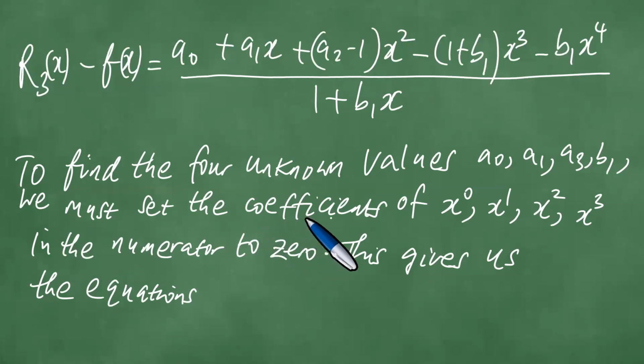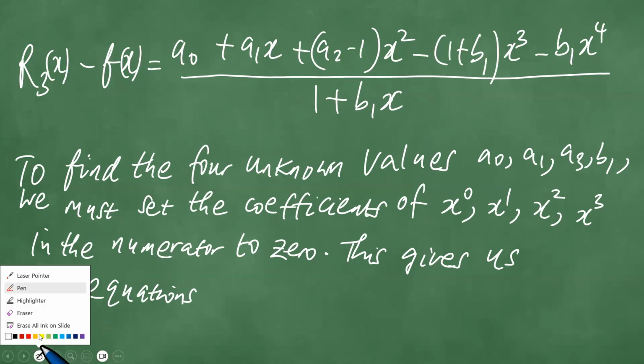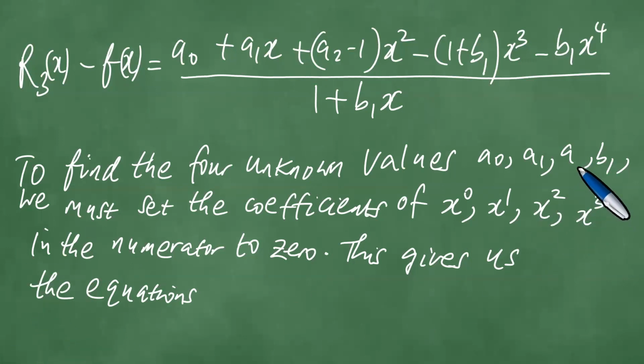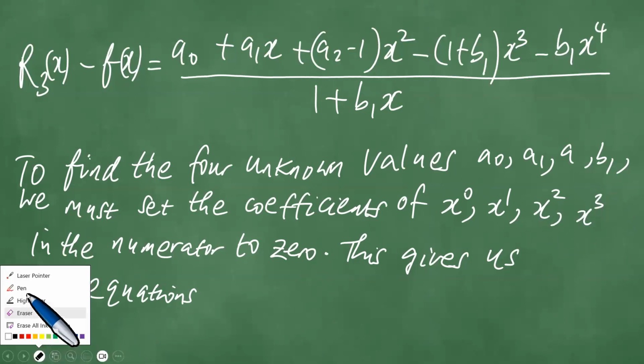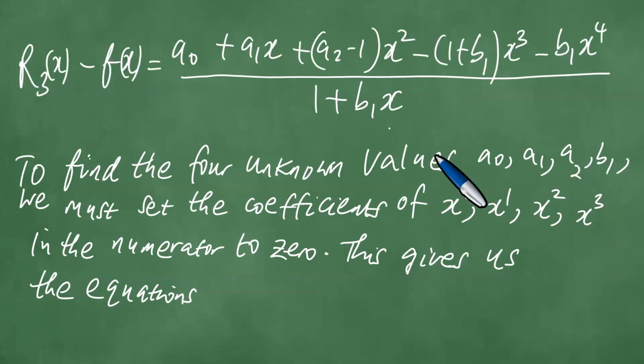So to find the 4 unknown values here, we can see there's A0, there's A1, there is, for instance, A2, yeah, A2 here. Right, and B1: A0, A1, A2, and B1.